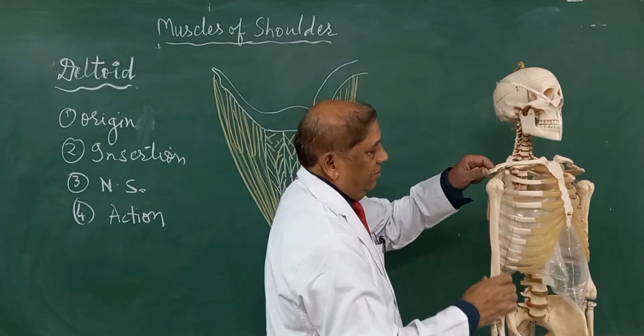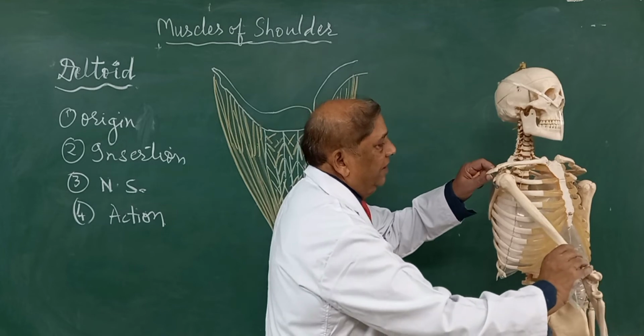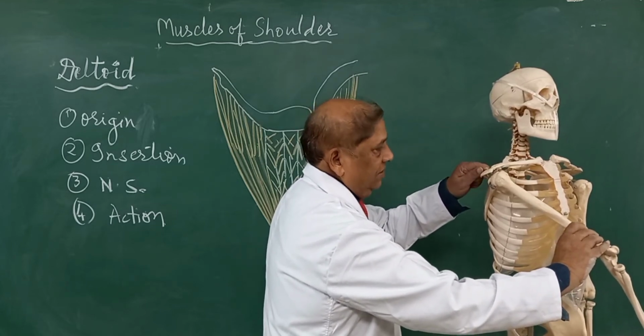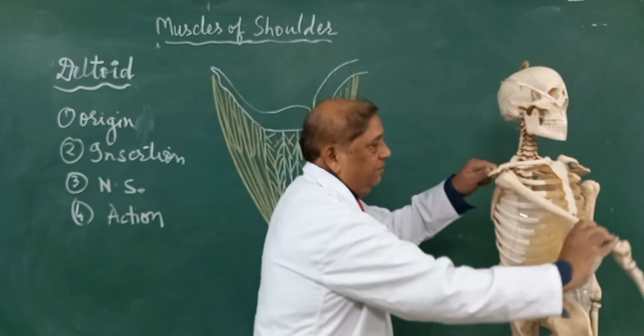They are coming from the clavicle to the middle of the humerus. So when they contract, they will pull the humerus upward and in front of the chest. This action is called flexion at the shoulder joint, because this is the extension, this is the flexion.